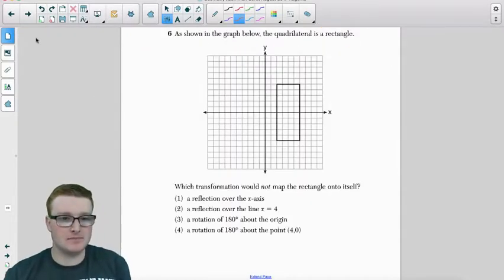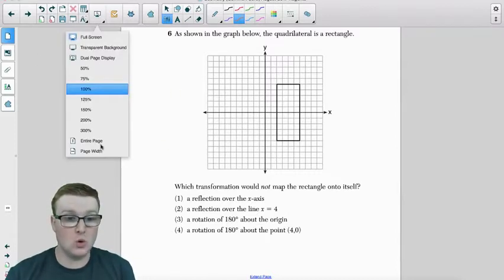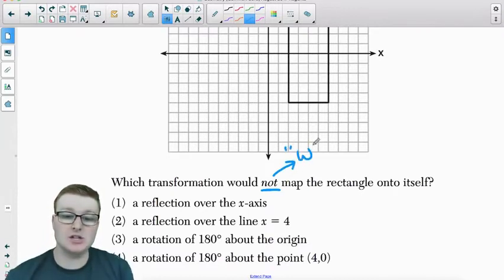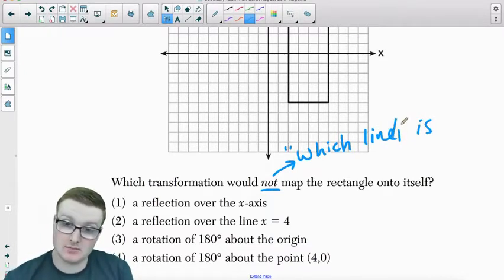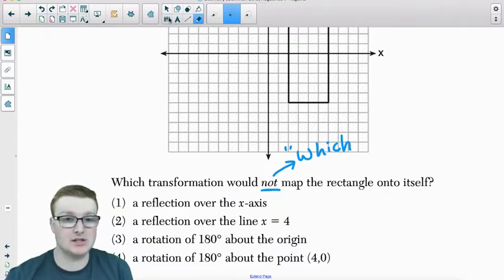All right, moving on. 6. As shown in the diagram or the graph below, the quadrilateral is a rectangle. Which transformation would not map the rectangle onto itself? What does that mean? You're asking yourself the question, which line or point, I should say, let me erase this, because I do see some rotations in the answers.